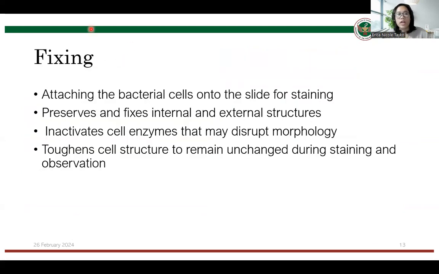Okay, so again, fixing is another important step to employ when you perform staining. But not all staining techniques require fixing. Remember, some procedures require no fixing for the smear preparation, such as your negative staining technique and also capsule staining.